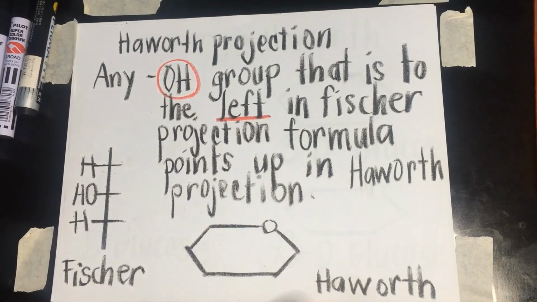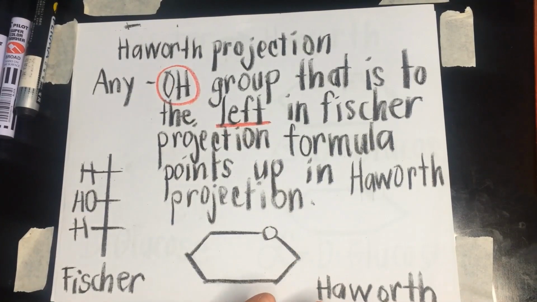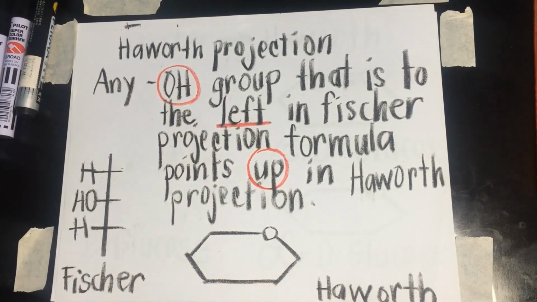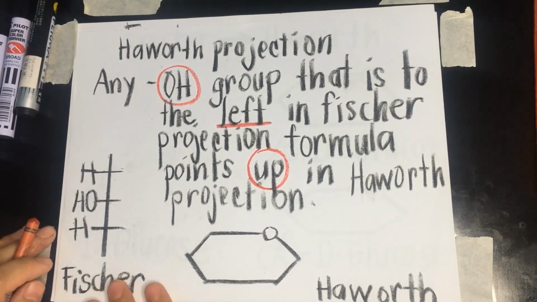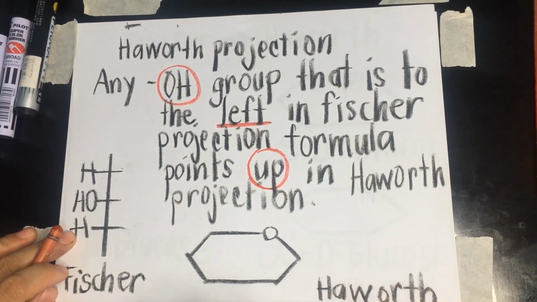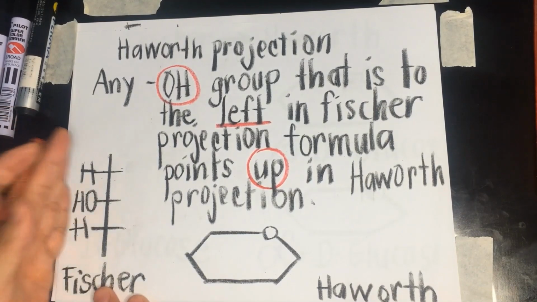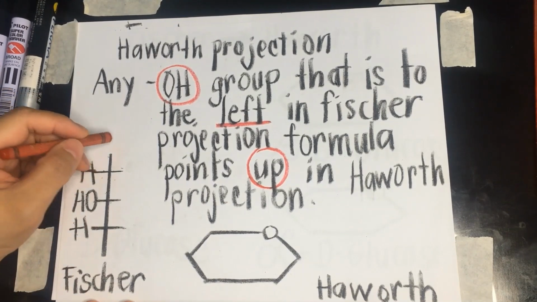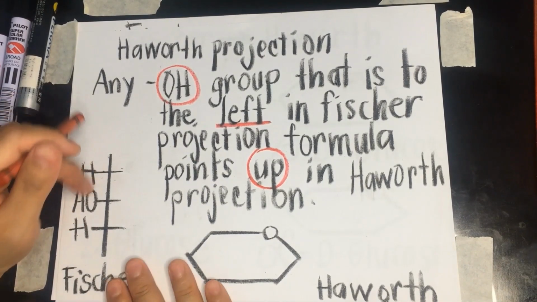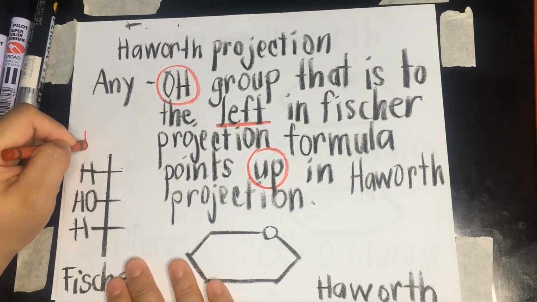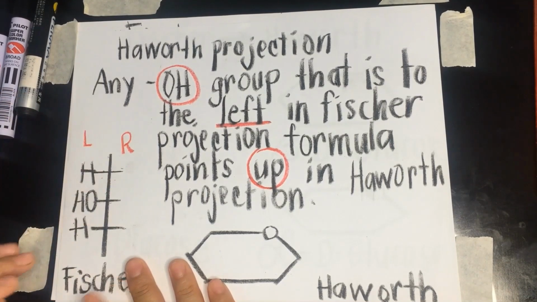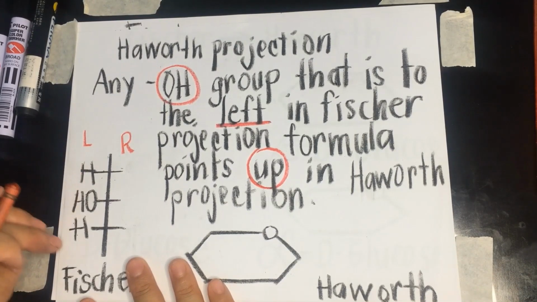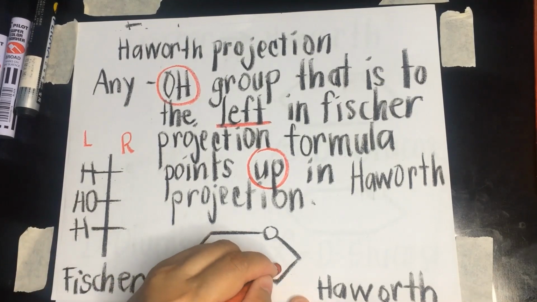Any hydroxyl group that is to the left in a Fisher projection formula will be pointing upwards in Haworth projection. So again, I am not pertaining to any groups, any monosaccharide. I am just referring to how we are going to place them in Haworth projection. Again, the Fisher projection, we divide it into two so that we will have a left side and a right side. For example, we have here hydrogen, hydroxyl, and hydrogen.